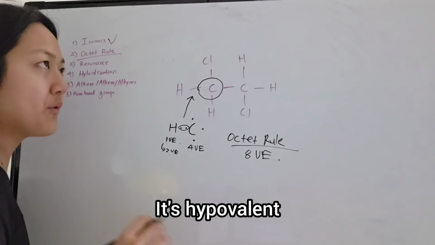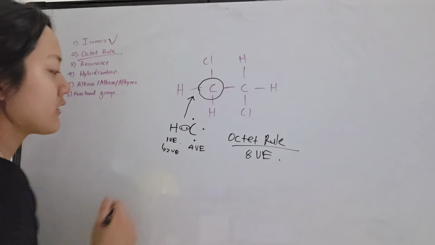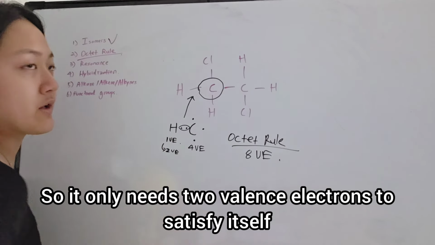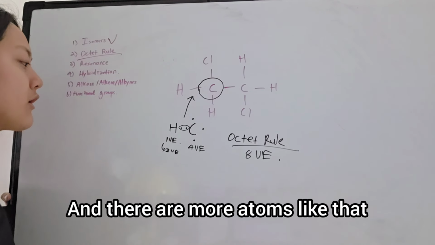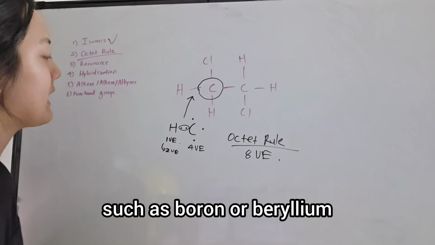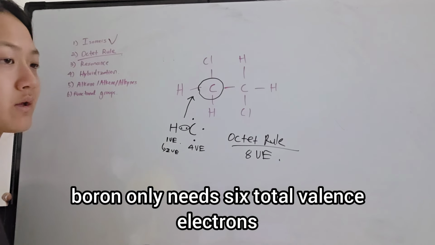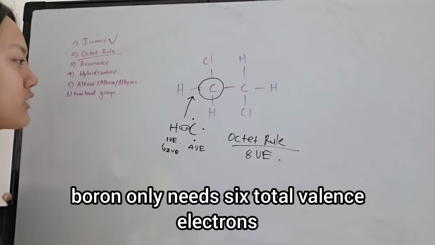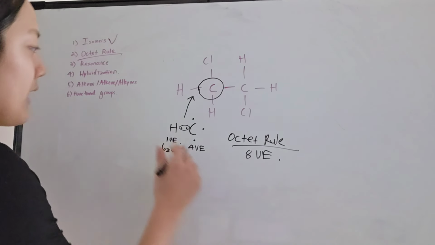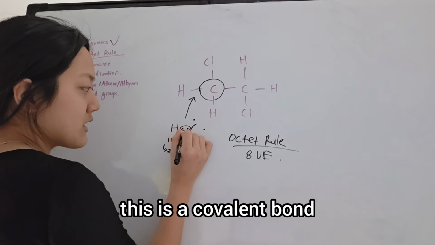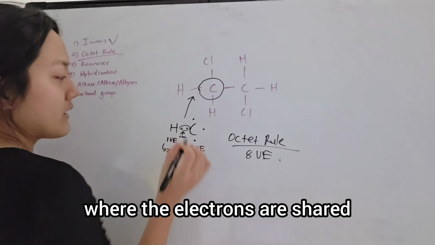It's hypovalent, hypo meaning low. So it only needs 2 valence electrons to satisfy itself. And there are more atoms like that, such as boron or beryllium, that need less than 8 electrons to satisfy themselves. For example, boron only needs 6 total valence electrons, and we'll get more into that later. However, for now, yes, this is a covalent bond where the electrons are shared.